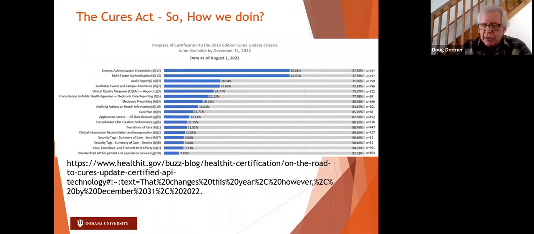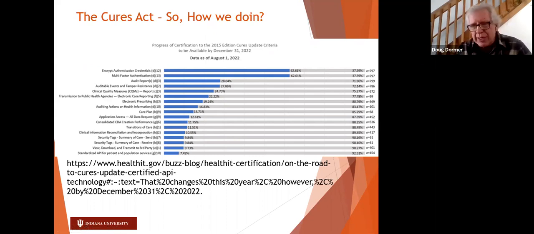So it's pretty recent, current criteria. As of last August, 7% could share information. That's the standardized API for patient and population services. That's FHIR.